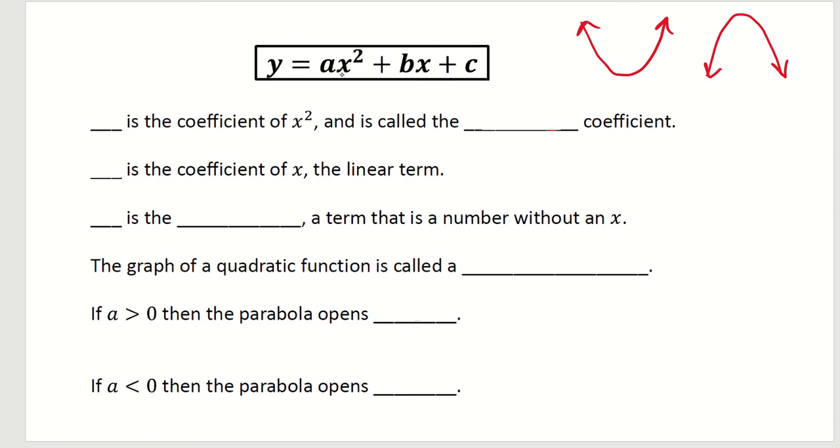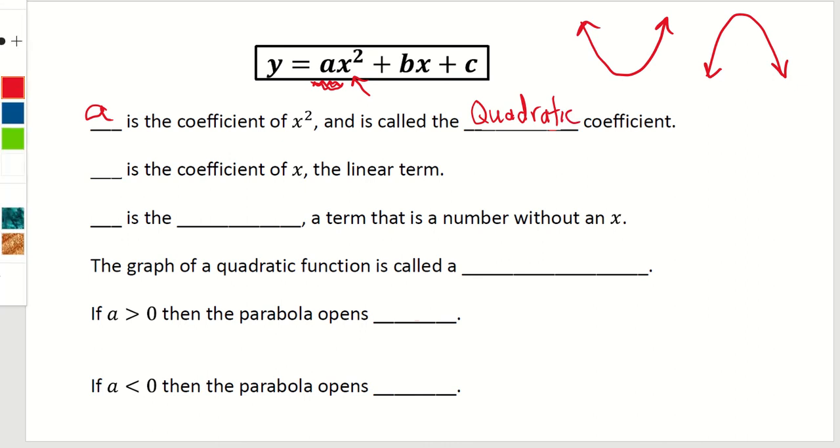So the first part that I want to talk about is the a. What is the a? The a is the coefficient, or the number in front of x squared. It's what we're multiplying x squared by. And we call that portion, since it's with the x squared part, the quadratic coefficient.